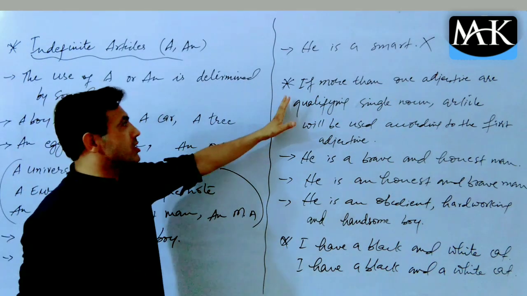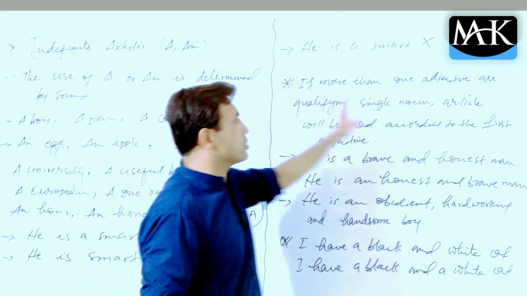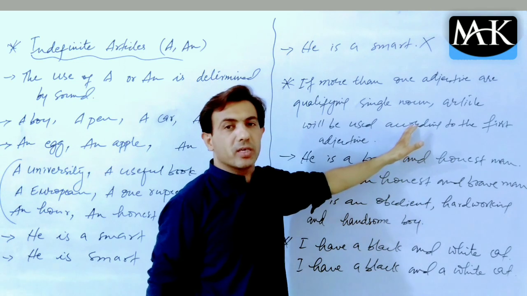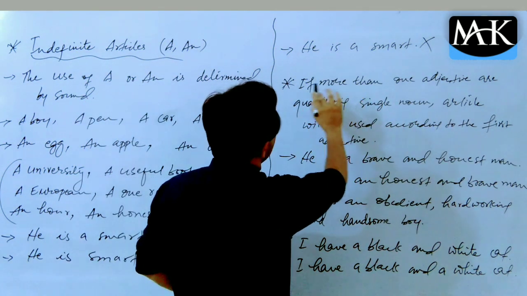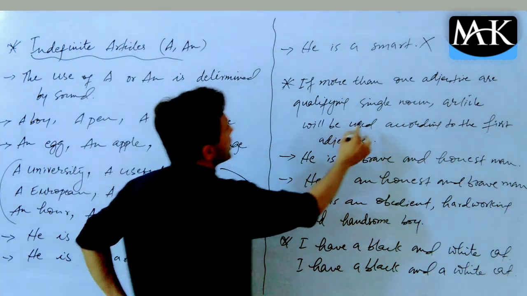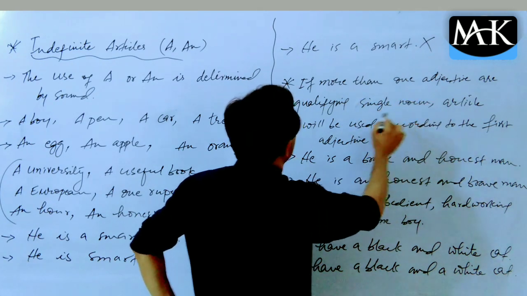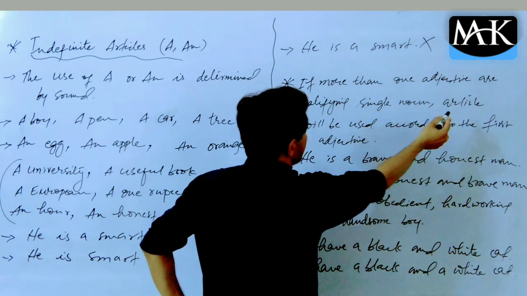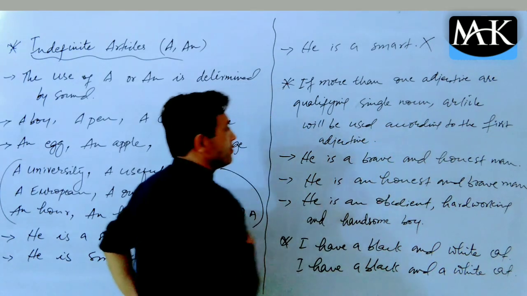This usage is really important for you. This method is really of vital importance. How? Have a look at that. If more than one adjective is qualifying a single noun, the article will be used according to the first adjective.